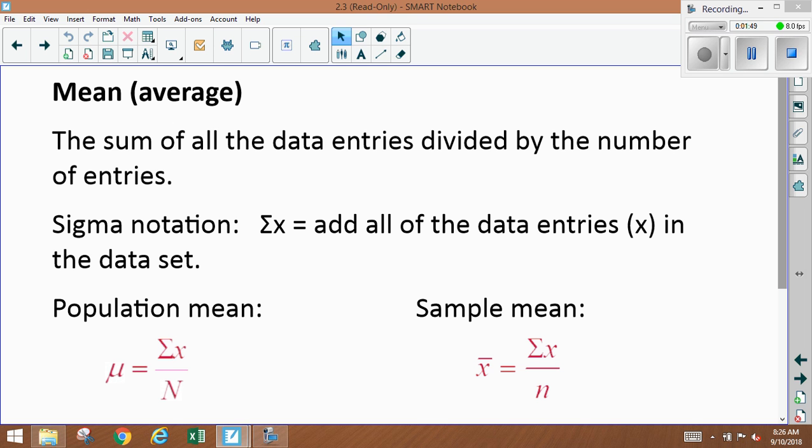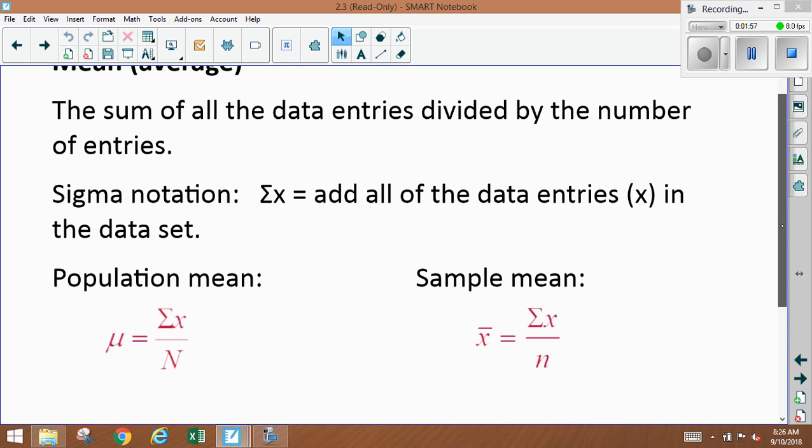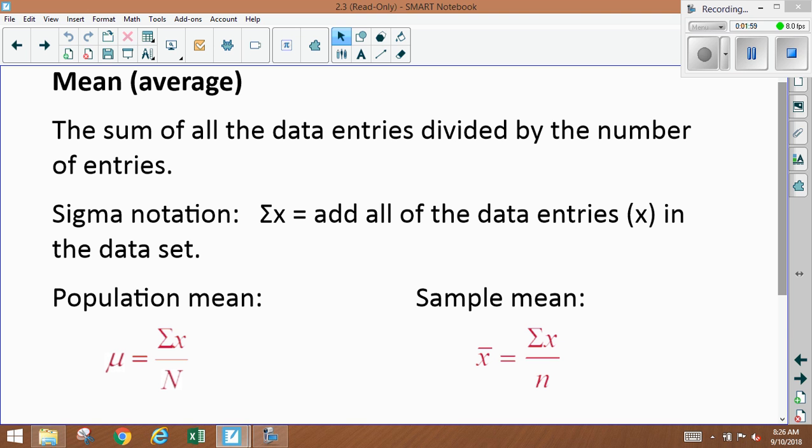If we're going to use this sigma notation, sigma x means the sum of all x. This sigma is a capital S in Greek, and it means add them up.